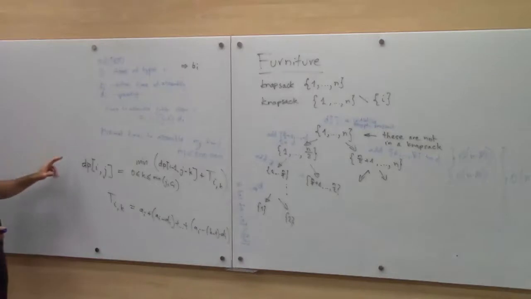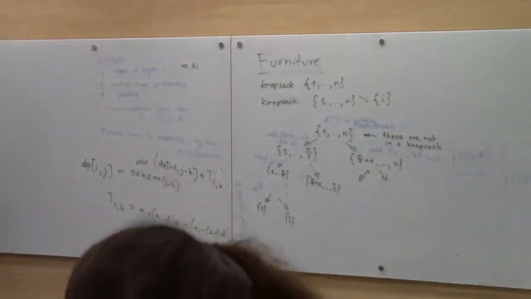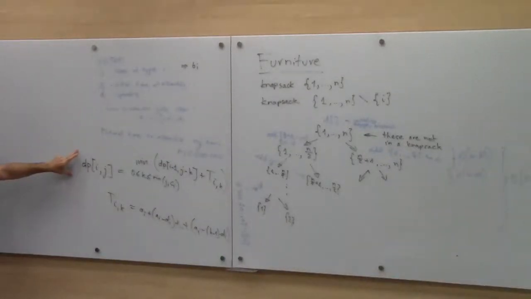Okay, and if we add boundary conditions here, we would end up with a dynamic programming. So what is the runtime of this algorithm?